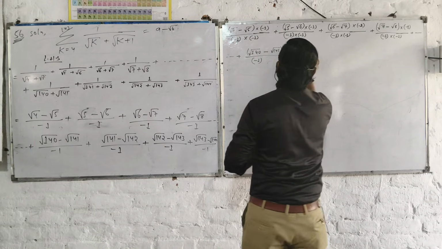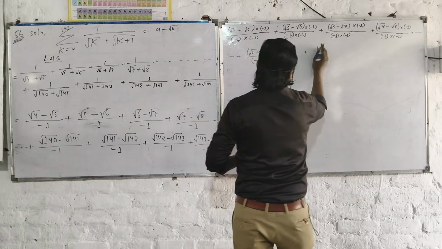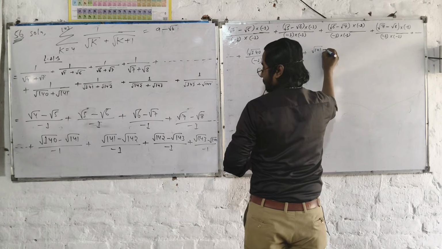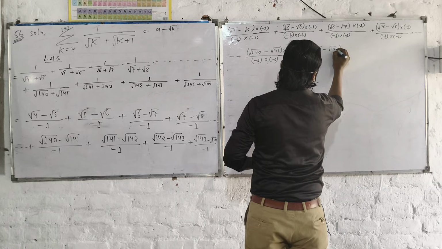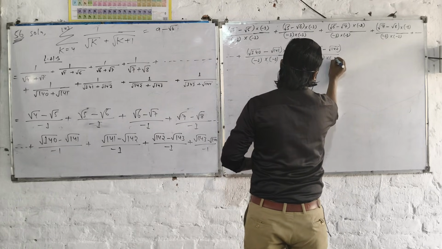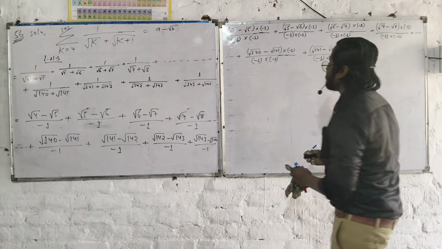Okay, next. So 141 minus 142, right, wrong? By minus 1, multiply minus 1. We can do this.